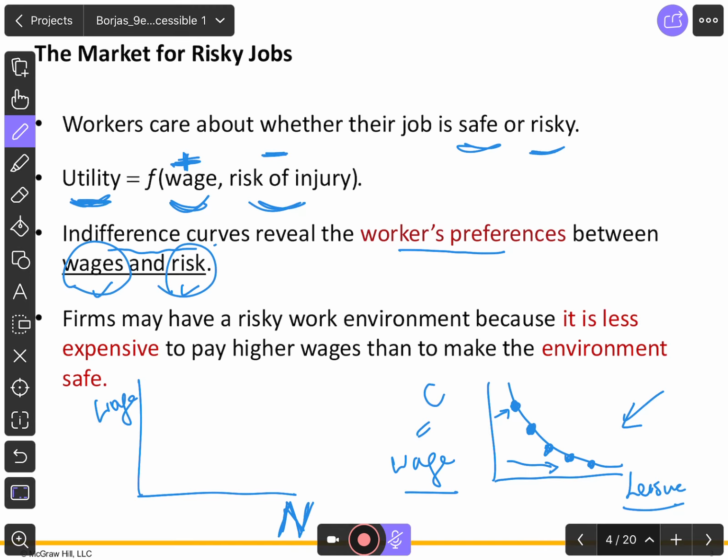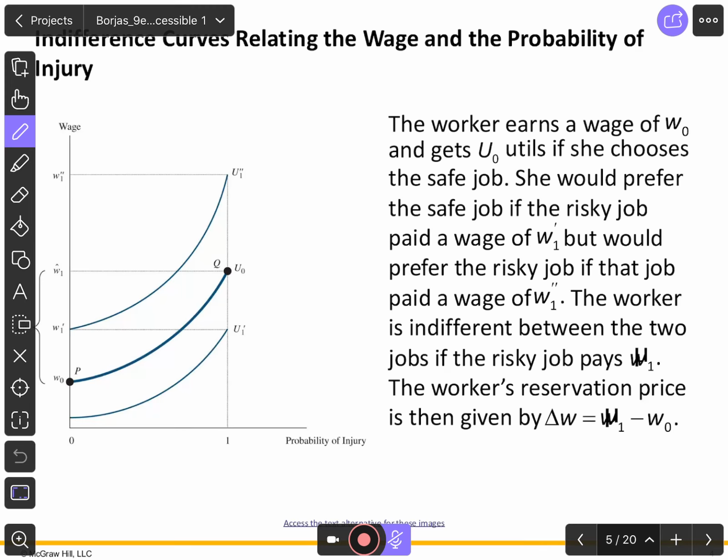Of course, the higher the noise, this is bad for the indifference curve, but the higher the wage, this is good for utility. It increases utility, while the higher the noise, the lower the utility. So they have different combinations.